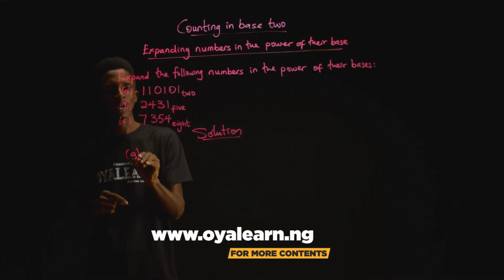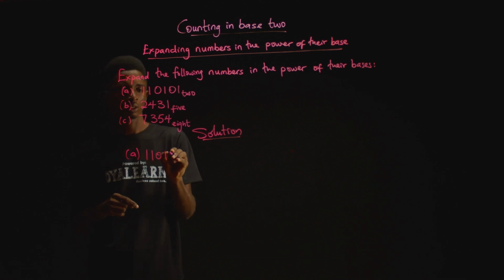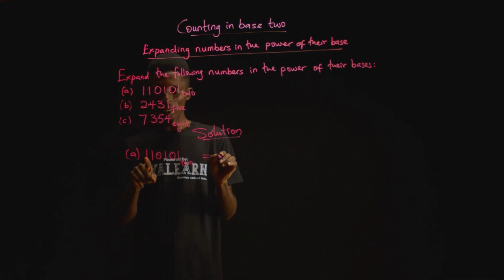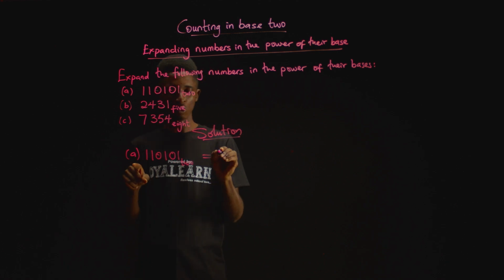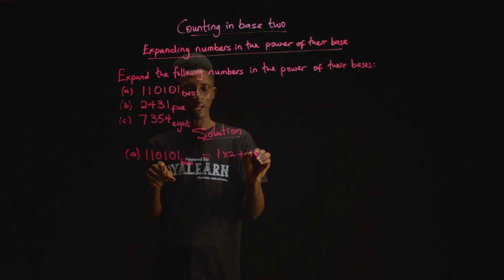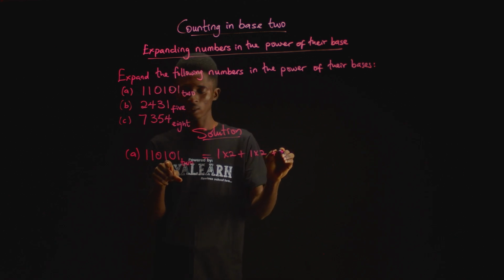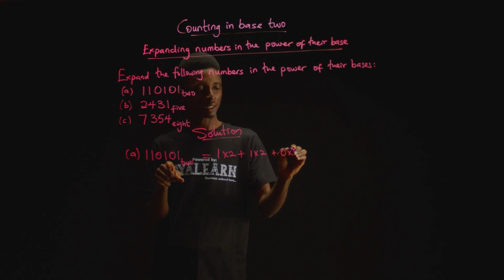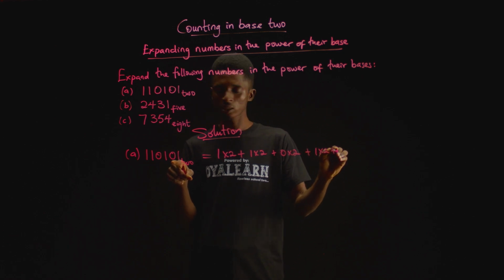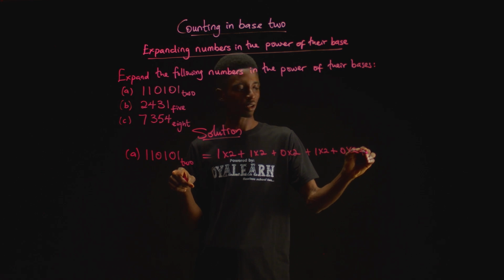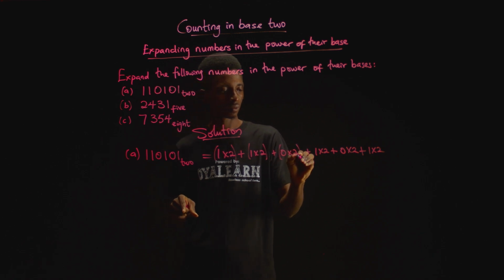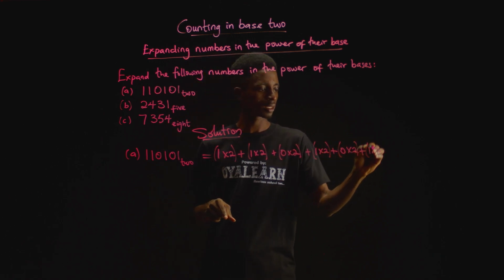For A, we have 110101 base 2. Now we multiply each of the digits by the base, so we'd have 1 multiplied by 2 plus 1 multiplied by 2 plus 0 multiplied by 2 plus 1 multiplied by 2 plus 0 multiplied by 2 plus 1 multiplied by 2, all in brackets.